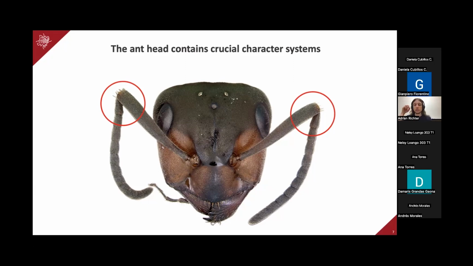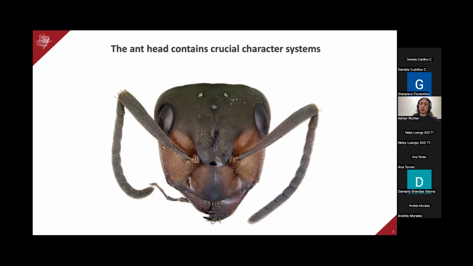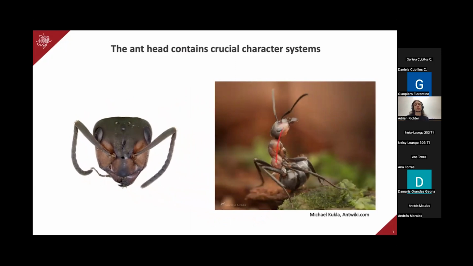So the ants have a relatively long first segment of the antenna, the scapus, and then they have a strong bend towards the rest of the antenna, the flagellum, which is relatively short. And the second feature is that the ant head is overall prognathous. This means that the head is directed along the long axis of the body. They basically face forward with their mouthparts rather than downward or backwards like many other insects.